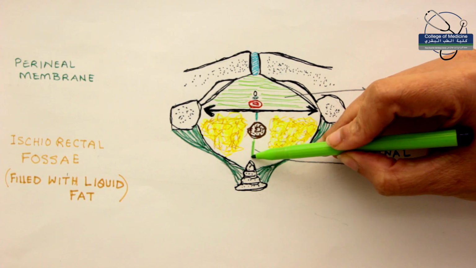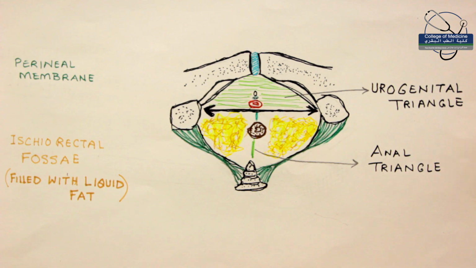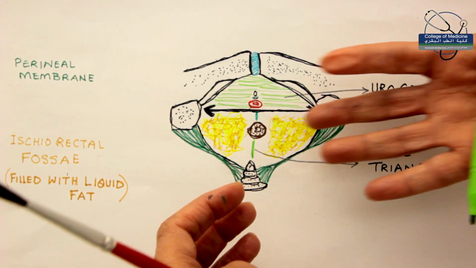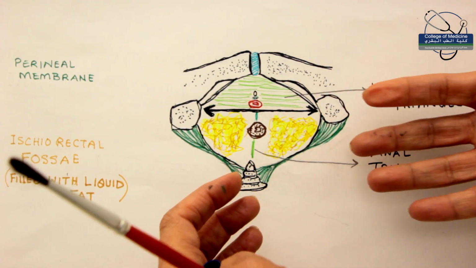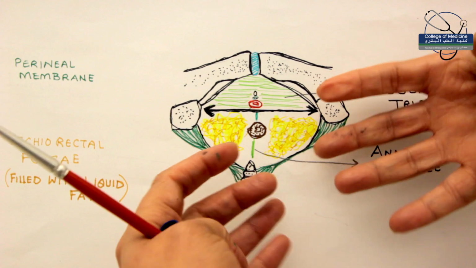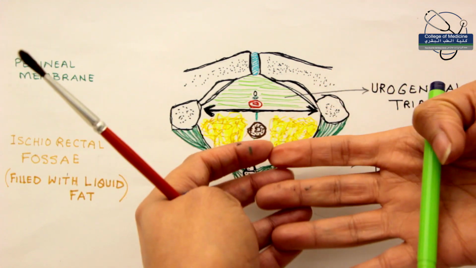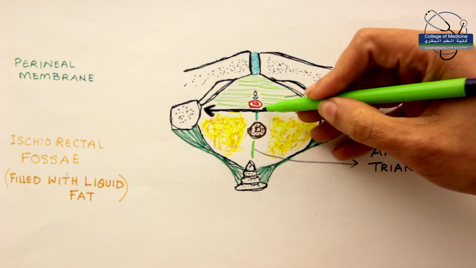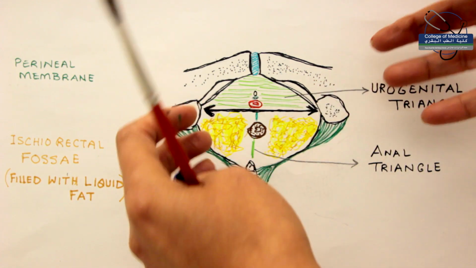This is another fibrous body, formed by the interdigitation of the iliococcygeus muscles and the pubococcygeus muscles coming from both directions and interdigitating in the center to create this anococcygeal raphe. And the perineal body is formed.